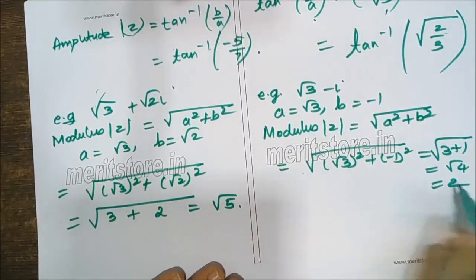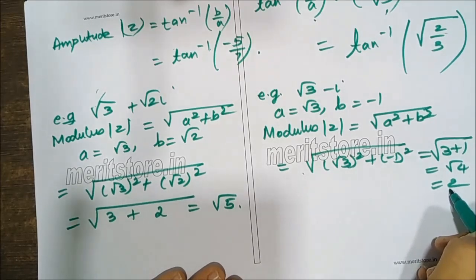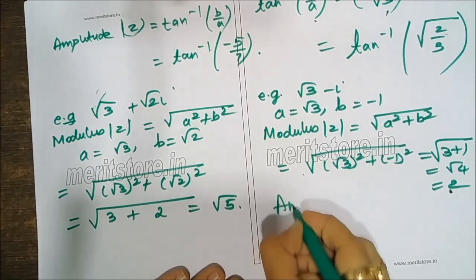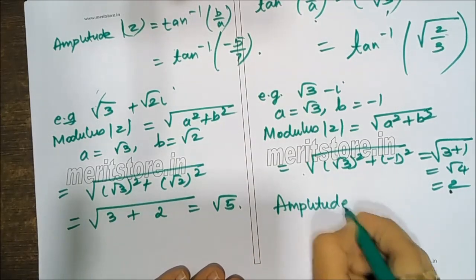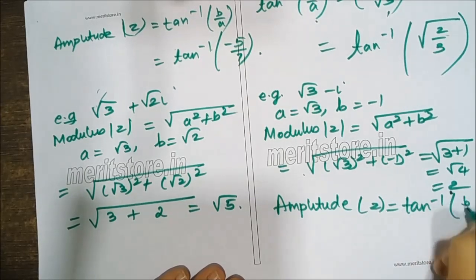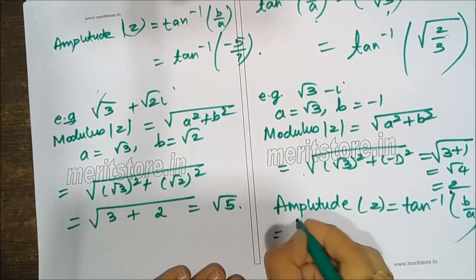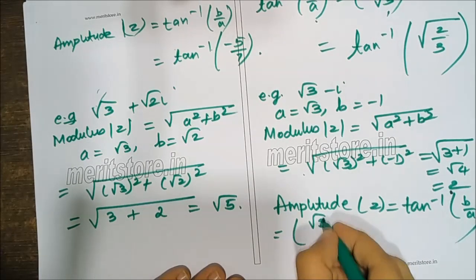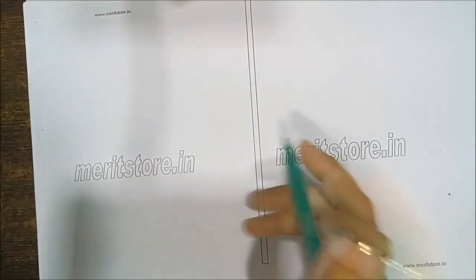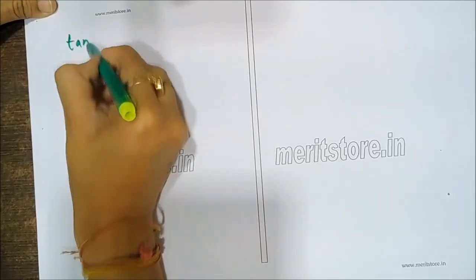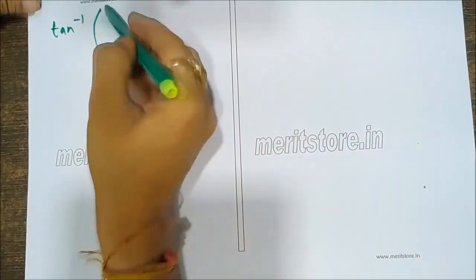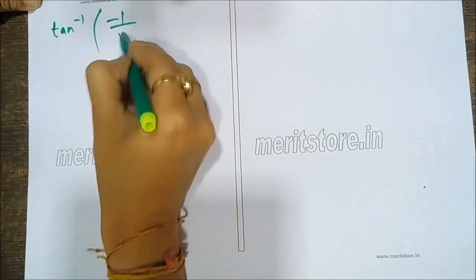Now since it is modulus, negative option doesn't arise here. Completely it will be positive. You are finding the amplitude of z, that is tan inverse of b upon a, that is tan inverse of minus 1 upon root 3.